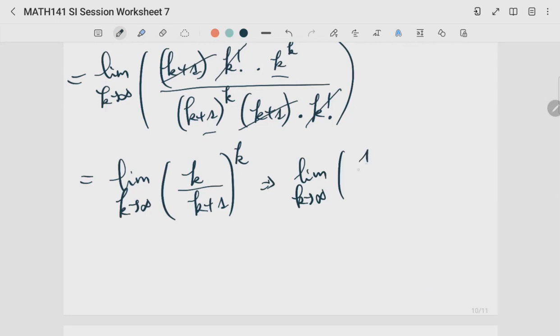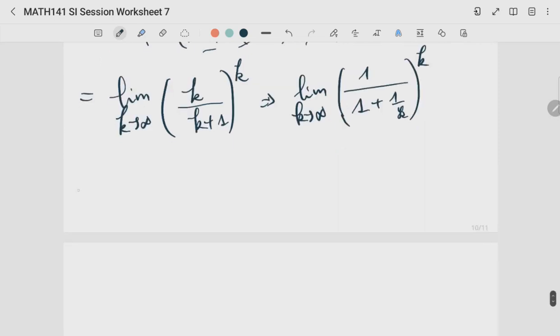So we have 1 divided by 1 plus 1 over k, all to the k. Multiplying that exponent, you have the limit as k tends to infinity of 1 over 1 plus 1 over k to the exponent k.